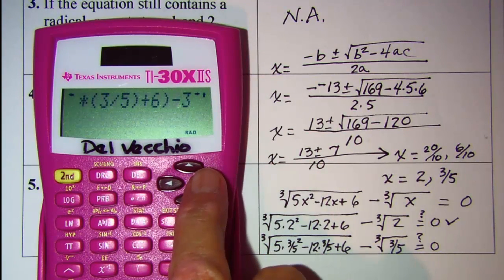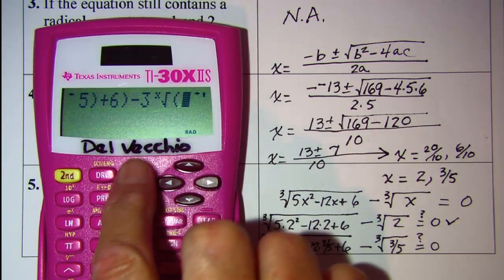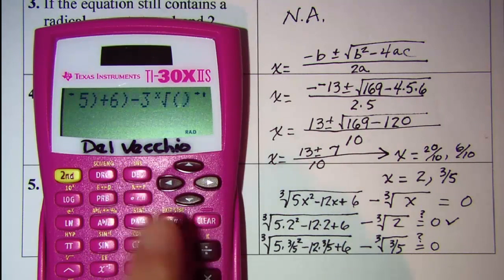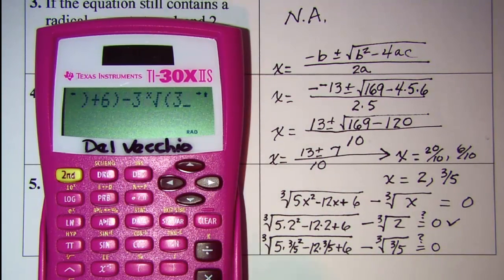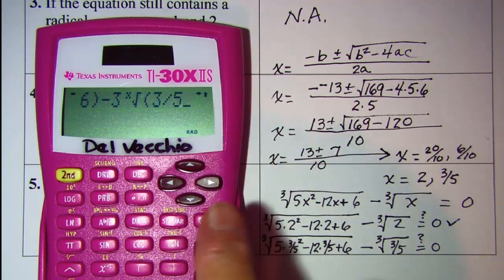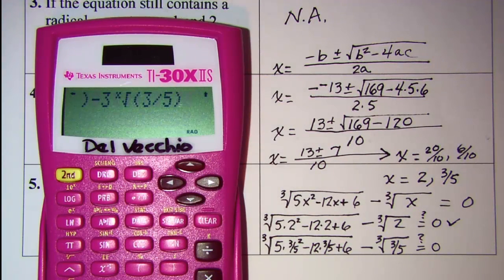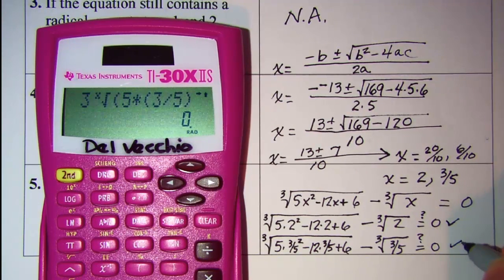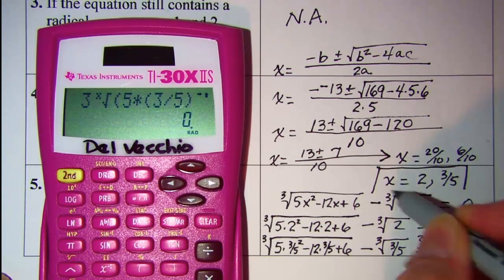There's my plus 6, and then my cube root of, and then I want to delete this 2 and insert 3 divided by 5. And that was all. So press enter. And I get 0 with that one as well. So that one checks also. So both of these answers are solutions to this equation.